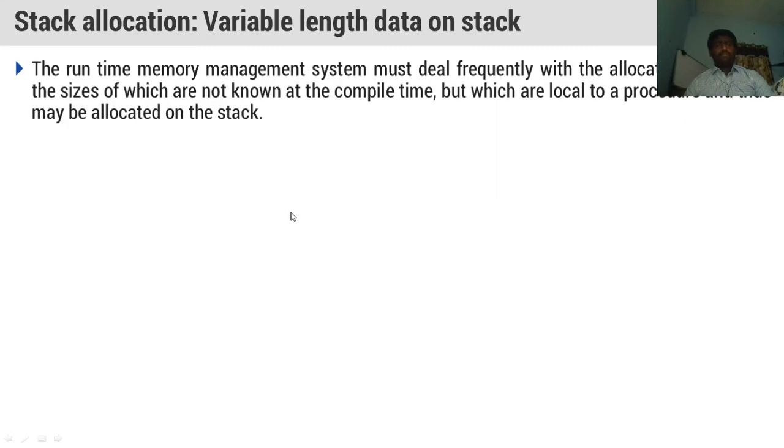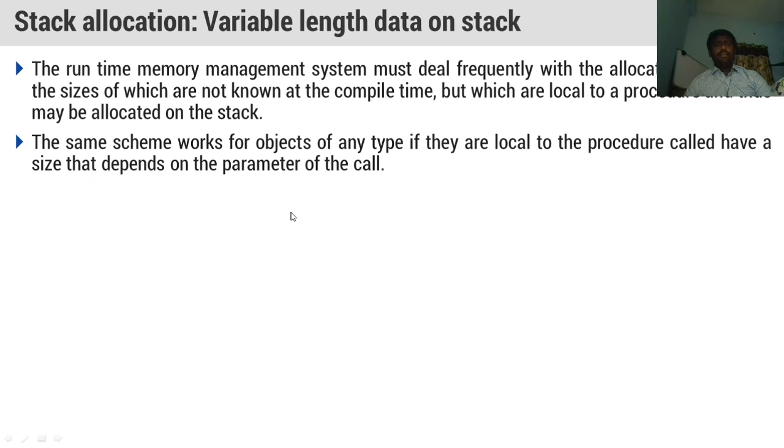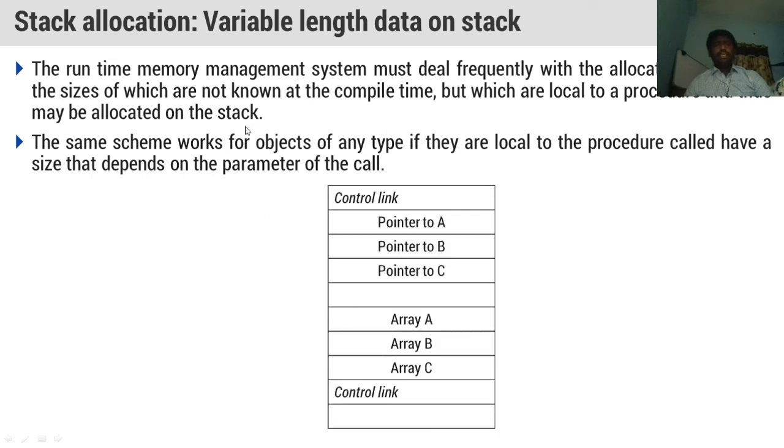Next one, the variable length data on the stack. Here the runtime memory management system must deal frequently with the allocation of objects. We have control link. See here in the control link we have pointer to A, pointer to B, pointer to C, as well as array A, array B and array C. The stack pointer always stores the address of the top of the stack.